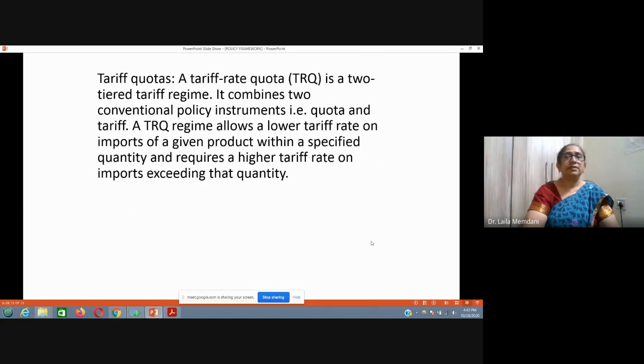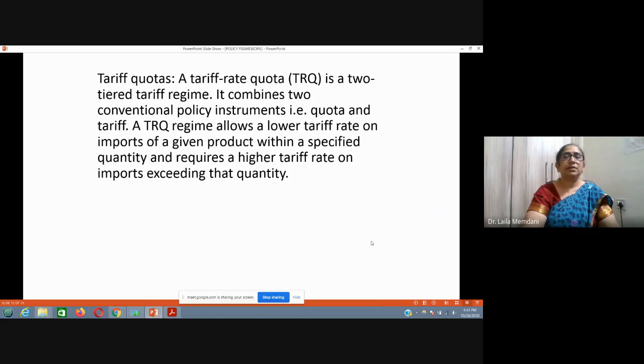Tariff quotas. A tariff rate quota, TRQ, is a two-tiered tariff structure which combines the elements of both tariff and quota. Under this regime, a lower tariff is permitted up to a certain specified quantity, and if you are importing more than that specified quantity, you have to pay a higher tariff.